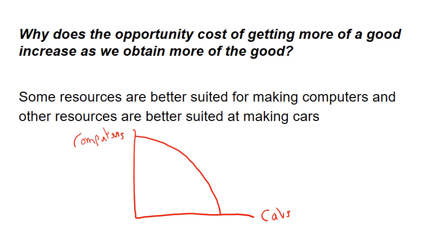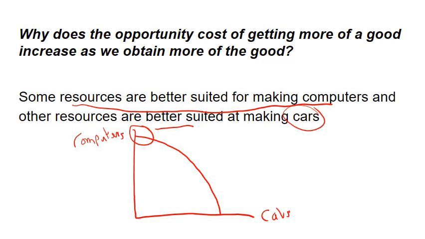Well, the reason is that some resources are better suited for making computers, and others are better suited for making cars. So let's think about what's going to happen. If we're producing mostly computers, we're going to use all the resources to make computers. We're going to use the resources that are good at making computers and the resources that are good at making cars.